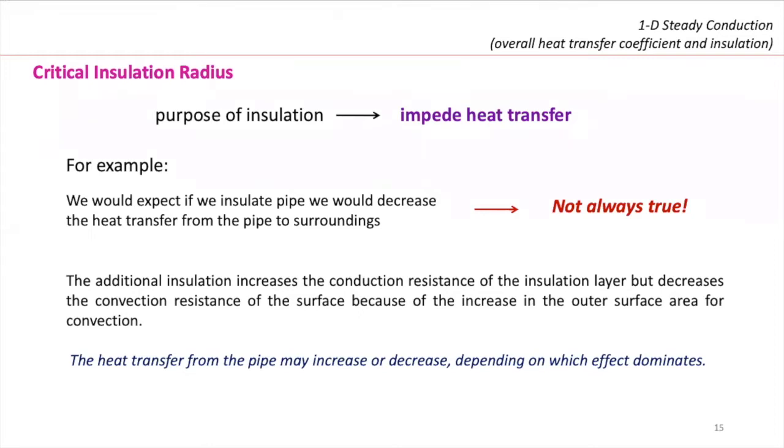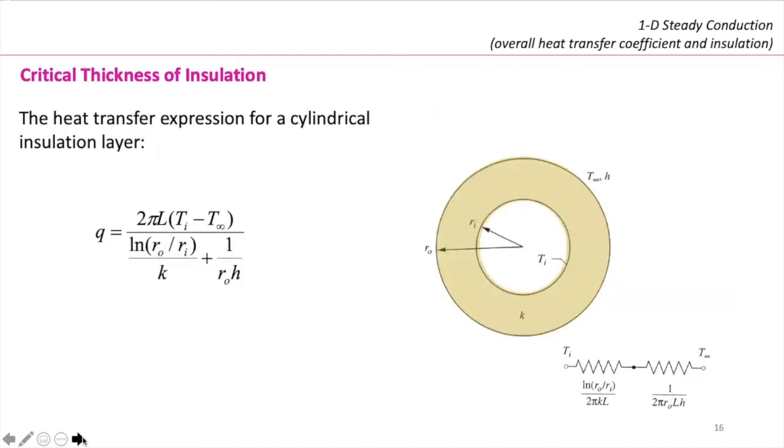In every process, we will have competing modes of heat transfer, right? In this case, conduction and convection are competing. So to come up with the equation to calculate the critical thickness of an insulation, we are going to start with our equation for heat transfer for a cylindrical insulation layer.